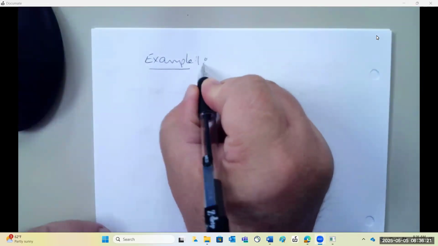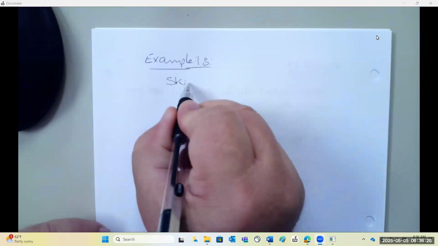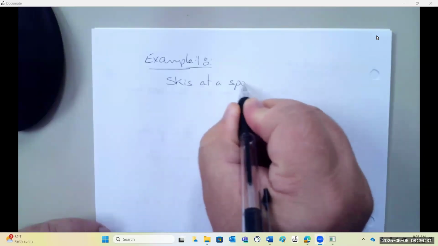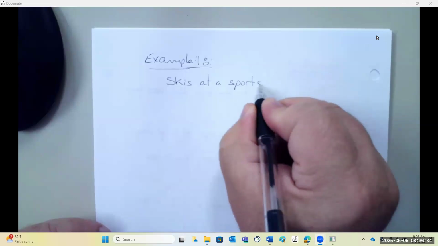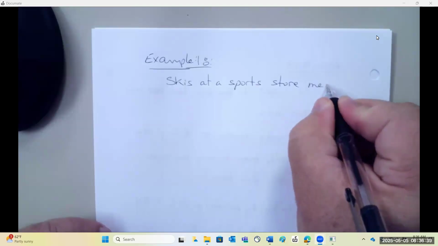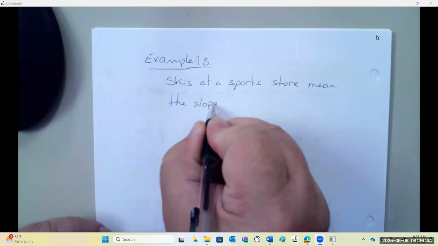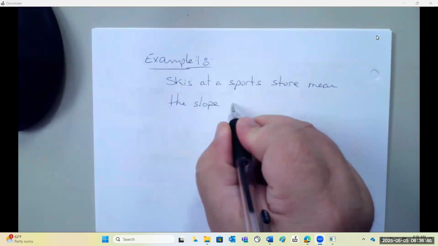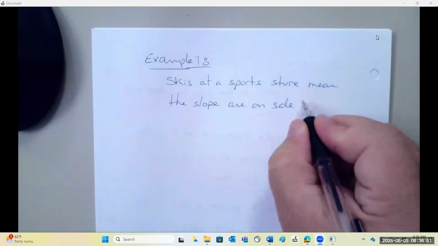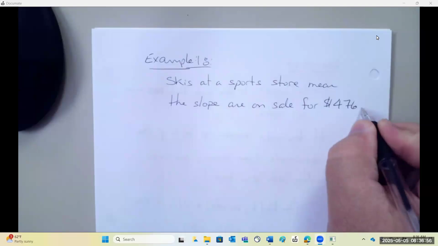Example 18. Skis at a sport store near the slope are on sale for $476.